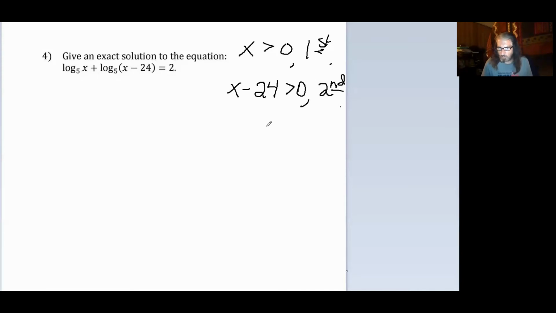That second one, if you add 24 to both sides, that's not going to change the direction of the inequality symbol. Now, which one of these leaves out more numbers? What's more restrictive? If you have a number line, 24 is further to the right, and x greater than 0 is going right, x greater than 24 is going to the right.